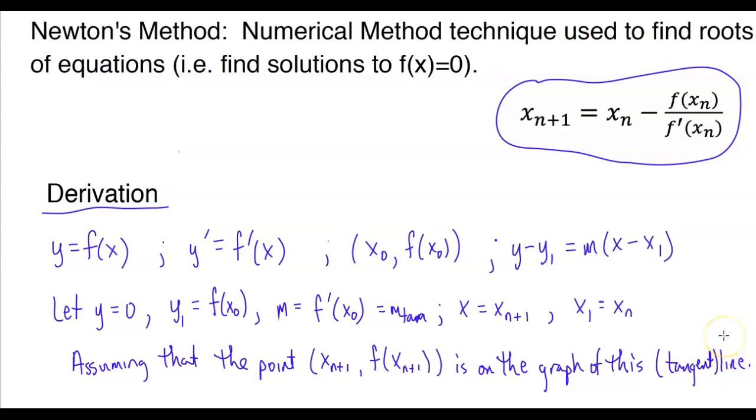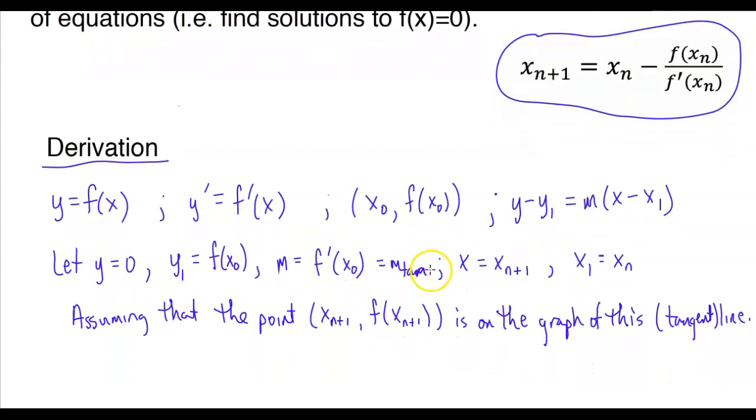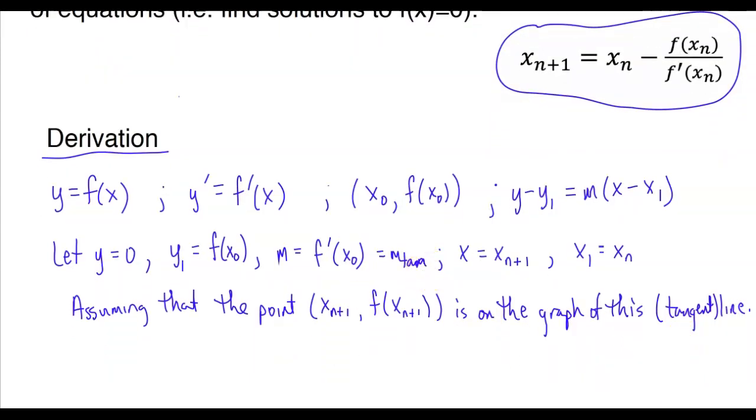Okay, so with all that being said here, if I go and make these substitutions, I'm going to write them in a different color. So we're going to let this be 0, y sub 1 be f of x sub 0, let m be f prime of x sub 0. Let this x here be x of n plus 1, and let that x of 1 be x sub n.